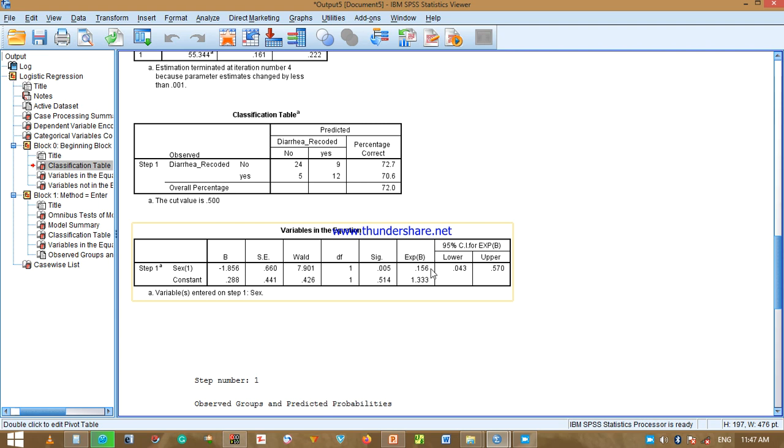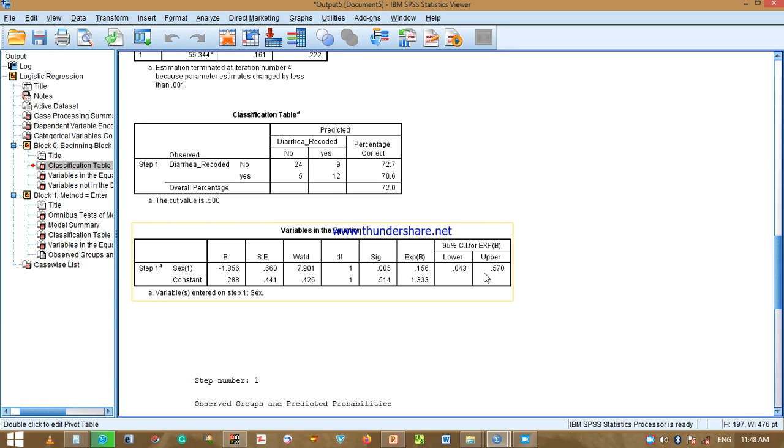Therefore, in terms of odds ratio, it is about 84.4% less likely. That's what we report. And as you can see, the 95% confidence interval for the odds ratio does not include 1. For logistic regression, we don't reject the null hypothesis when the confidence interval includes 1.